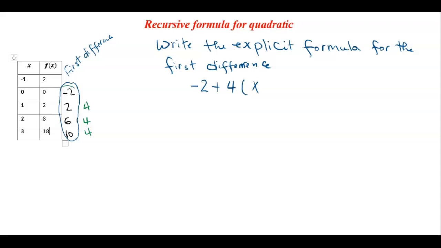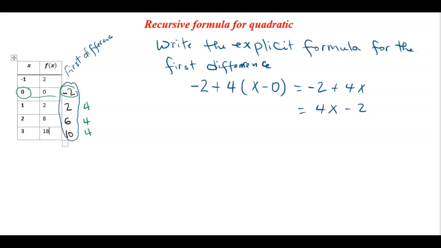So because it is the 0 term, it's pretty much minus 0. So if we simplify that, we're gonna get negative 2 plus 4x. Now keep in mind, x minus 0 is x, so that's simply 4x. So we can write it as 4x minus 2.